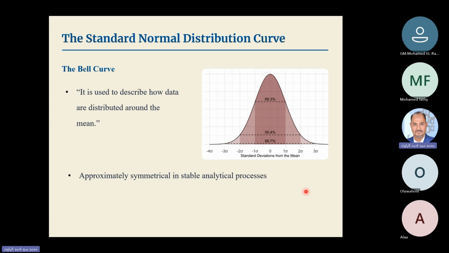Around 95% fall within 2 standard deviations, and around 99.7% of our results will fall within 3 standard deviations, between positive 3 and negative 3 standard deviations.